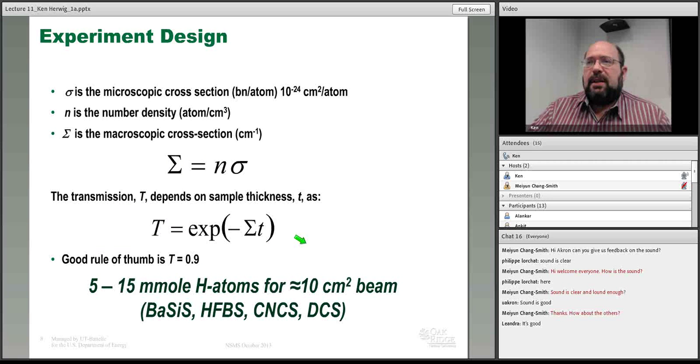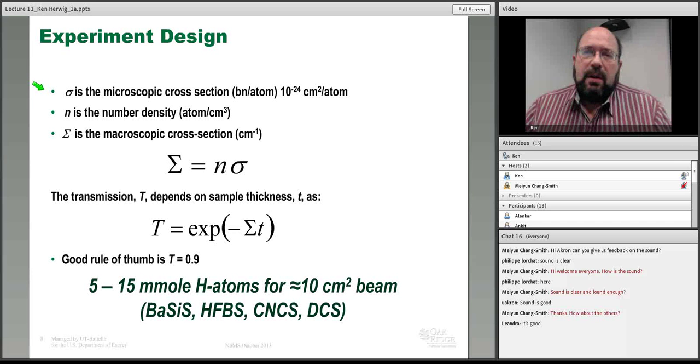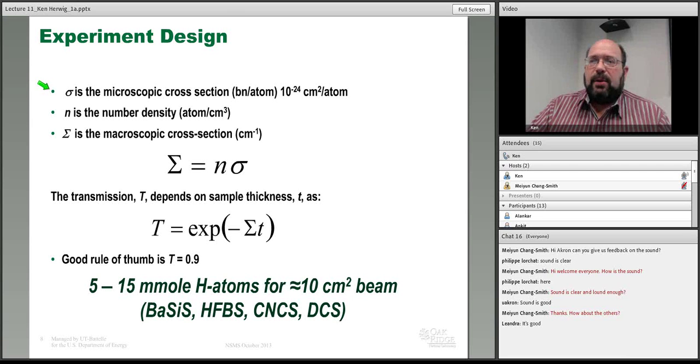Let's spend a little time and take a look at how you design an experiment for quasi-elastic measurement. If sigma, little sigma, is the microscopic cross-section, the one that you're familiar with, it's in barns per atom, or 10 to the minus 24 centimeters squared per atom. N is the number density, the number of atoms in your sample per centimeter cubed.